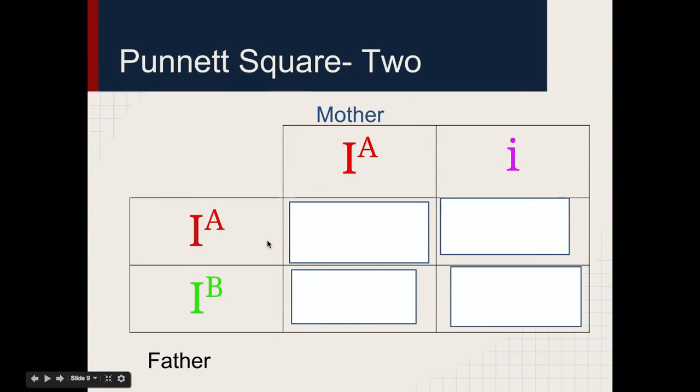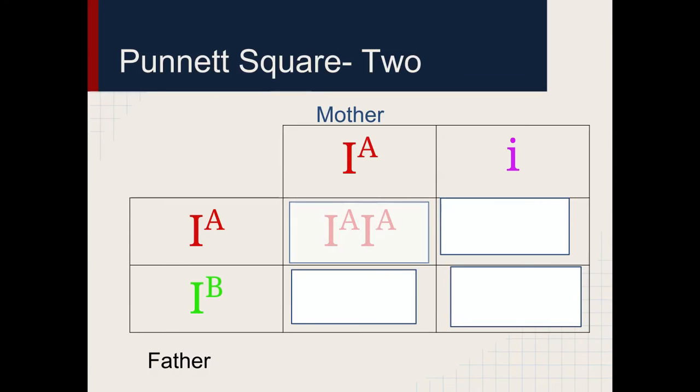Now we must do Punnett square 2 with the heterozygous traits. We have the mother as IA with a little i, and the father as IA, IB. For this one, it's going to be IA, IA, and we're going to put it right here.